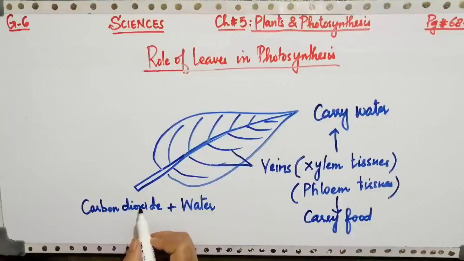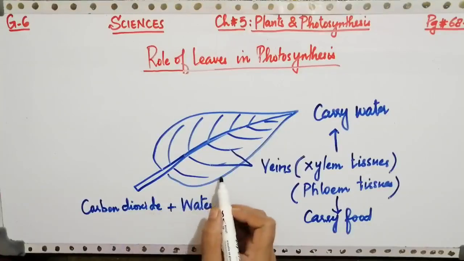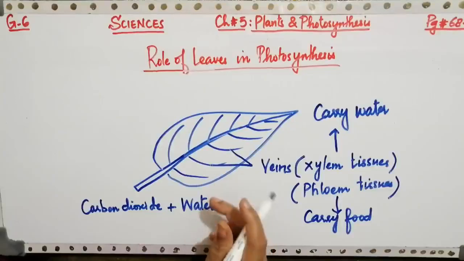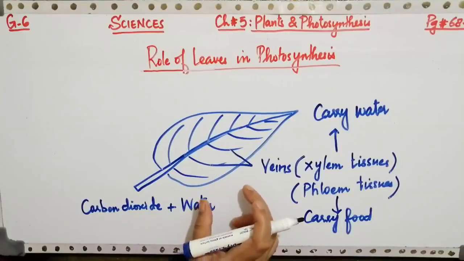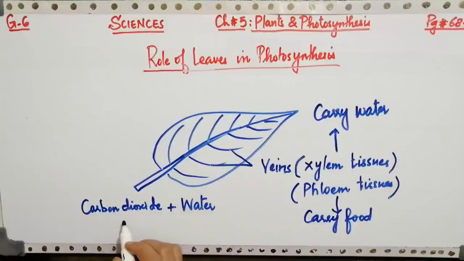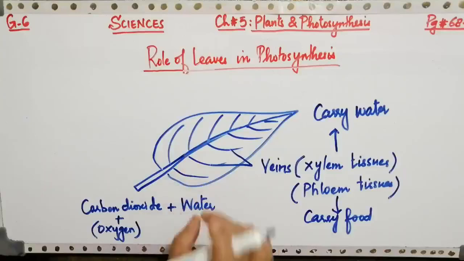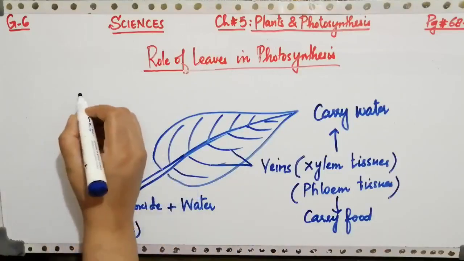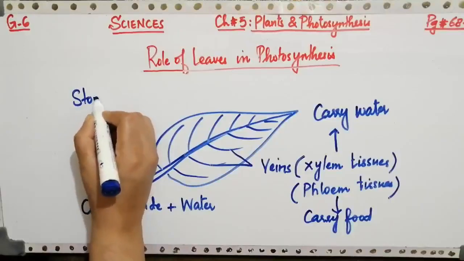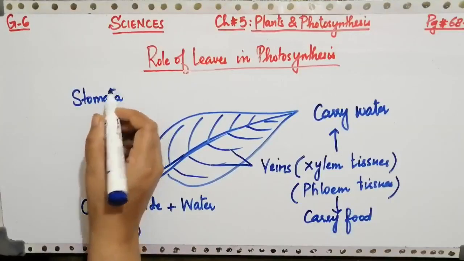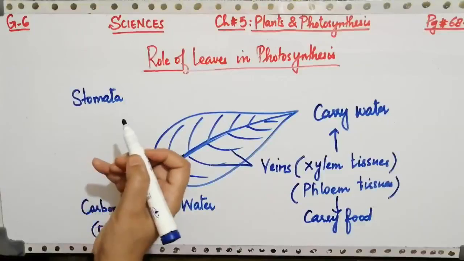So carbon dioxide is actually absorbed into the leaves by the small pores which are present in the leaves. So this gas, not only the carbon dioxide but also the oxygen, which is not actually required for the process but is released during this process, passes in and out of the leaf through very small holes which are called stomata.